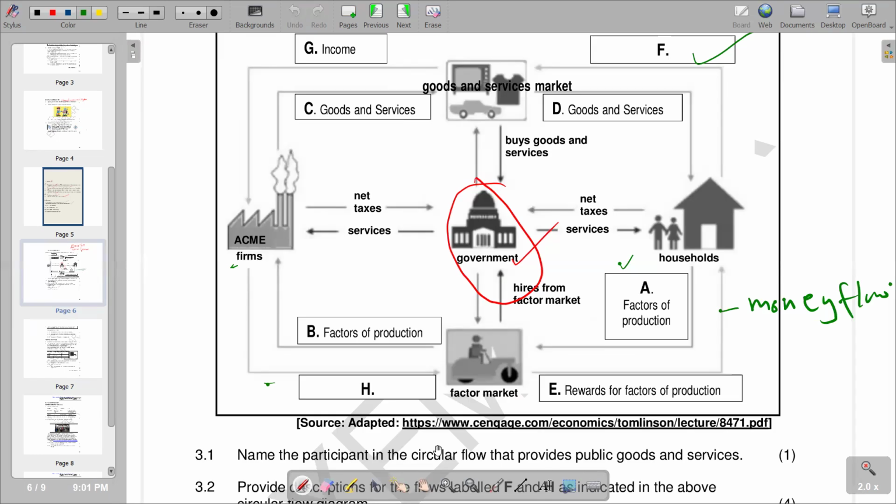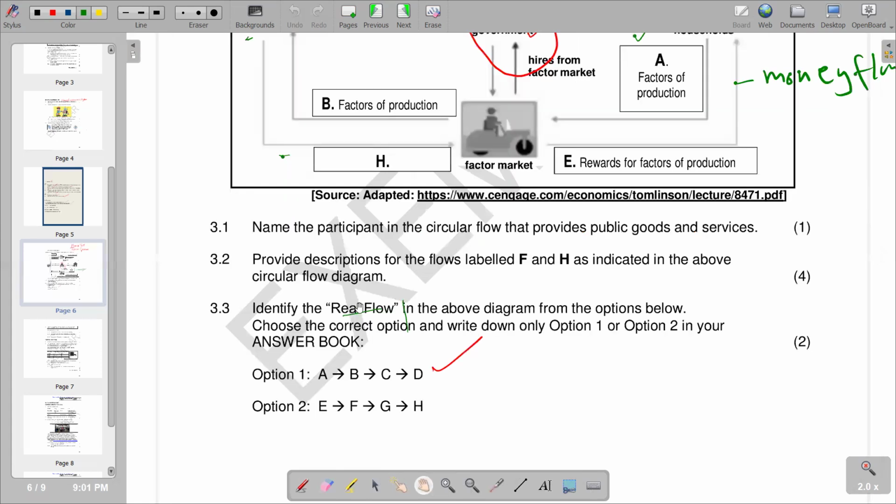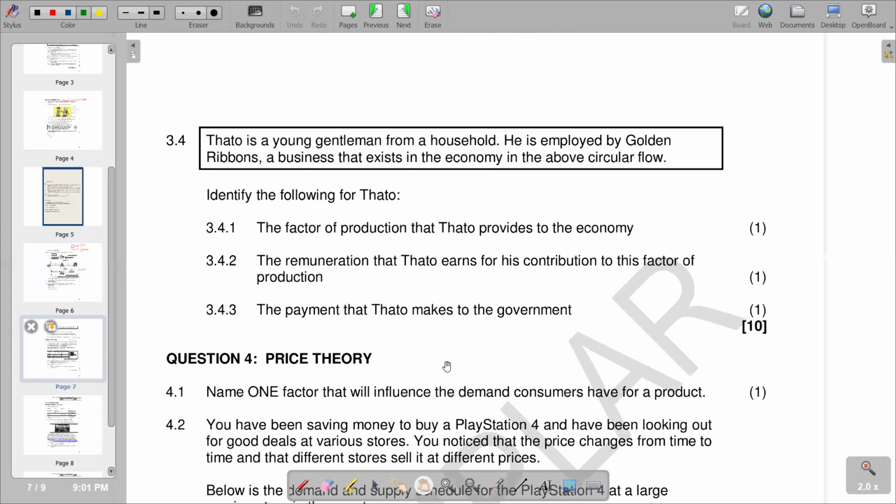So we go to our question and try to see if we have got another question according to this question. We go to the next question, which is 3.4, which says Tattoo is a young gentleman from a household. He is employed by Golden Ribbons, a business that exists in the economy in the above circular flow. Identify the following for Tattoo. 3.4.1, the factor of production that Tattoo provides to the economy.